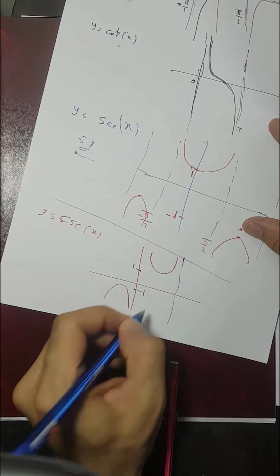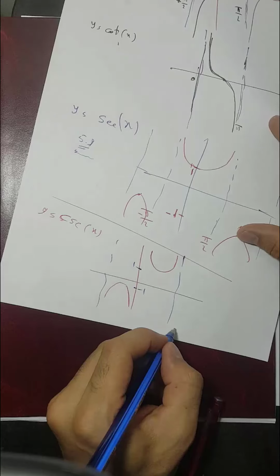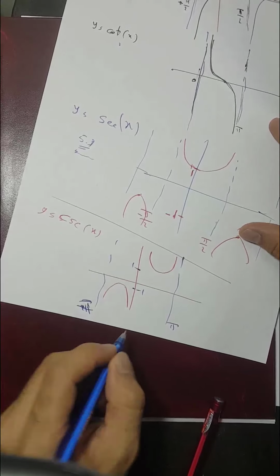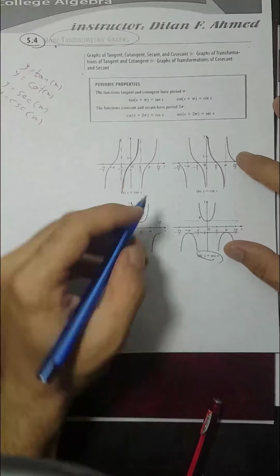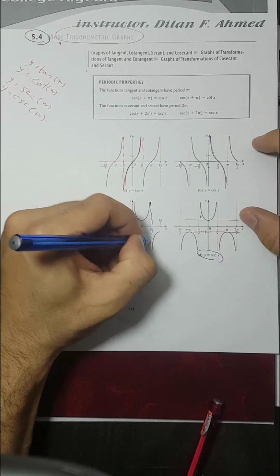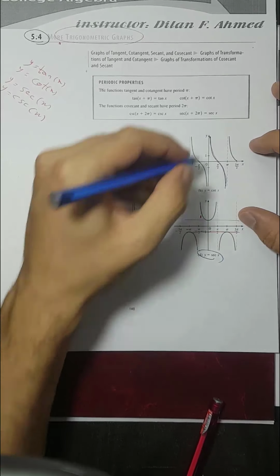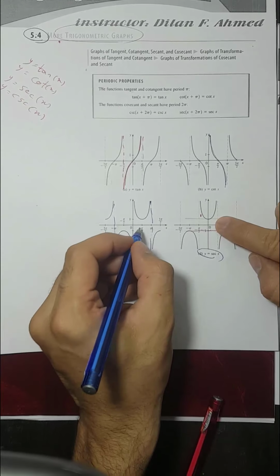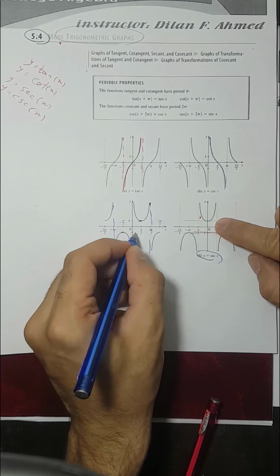How about here? It's minus 1. How about the asymptotes? They are pi and minus pi, like cotan. So here's pi like cotan, and here's minus pi also like cotan, and you have the same shape as the secant, but here we have 1 and here's minus 1.